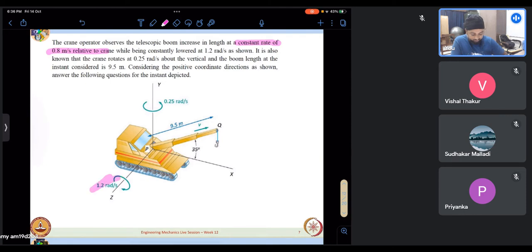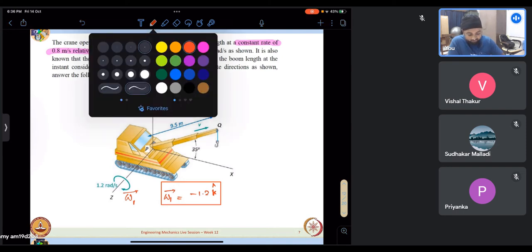So we are able to see here that it is being lowered about the z-axis. So let us call this omega 1. So our omega 1 vector is nothing but minus 1.2 k cap. Okay. Now it is also known that the crane rotates at 0.25 radians per second about the vertical.